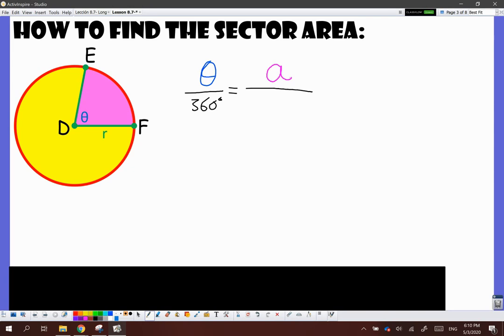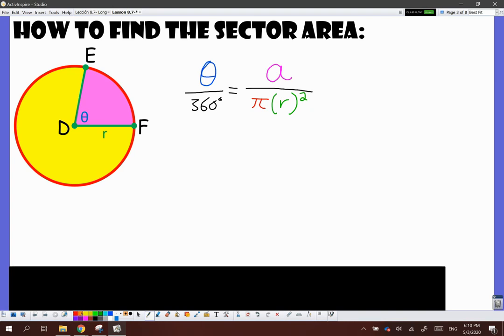But how do we find the total area of a circle? Well, hopefully, a long, long time ago, when we talked about area, you'll recall the area formula of a circle. The area formula is pi times r squared. So pi times the radius squared. So knowing the area formula of a circle, now we have our proportions set up.